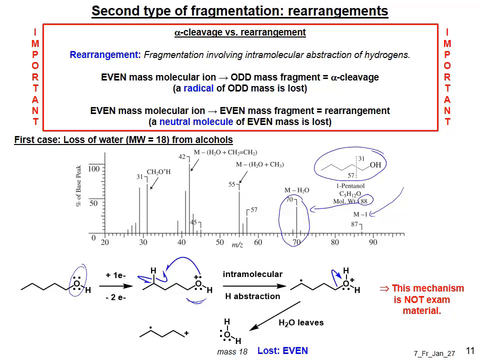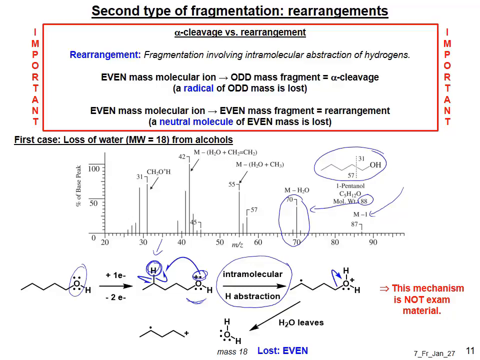And then once we have a radical cation, the loss of water usually proceeds by an intramolecular H abstraction reaction, where the radical that we've formed earlier goes up and abstracts a hydrogen somewhere else in the molecule.